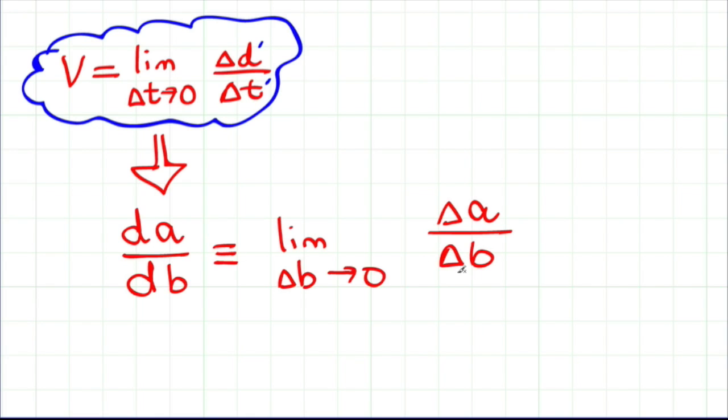And this is the definition of the derivative. So I like to think of the derivative as a ratio of an amount of a to an amount of b in the limit as the amount of b goes to 0.